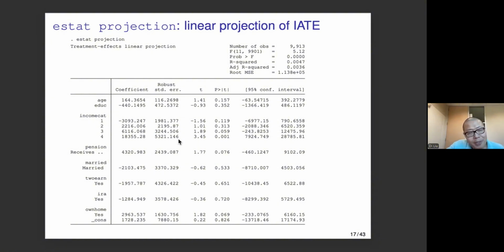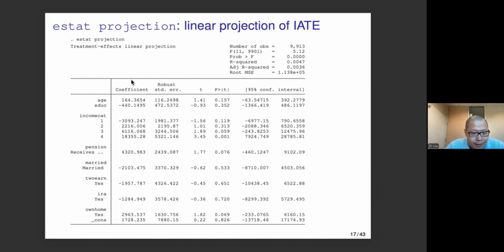That also means if you originally estimated the ITE function by just interacting your treatment variable with some x variables, which creates a linear approximation, that cannot approximate the true ITE function well. So this is what the R squared means.